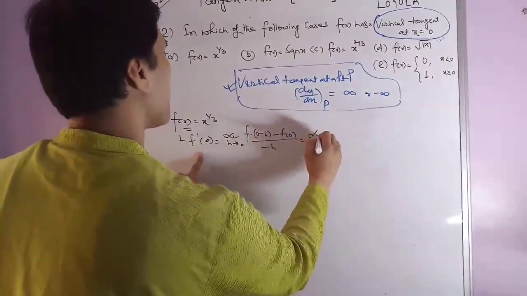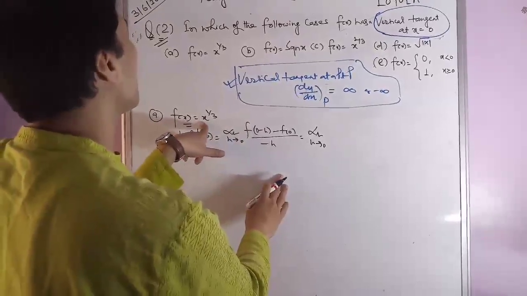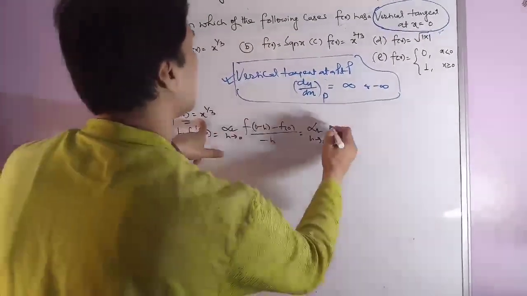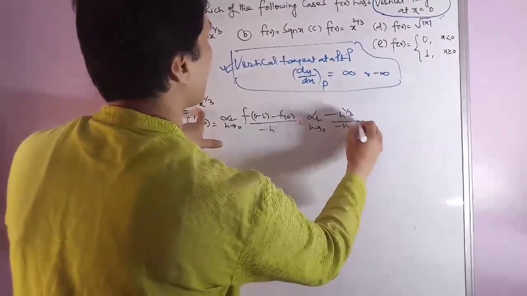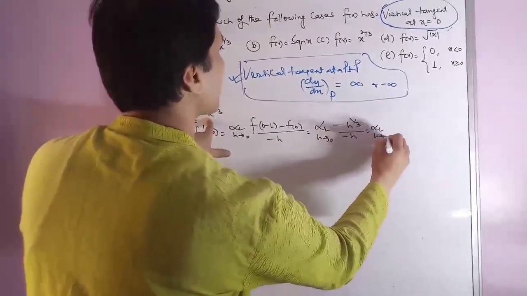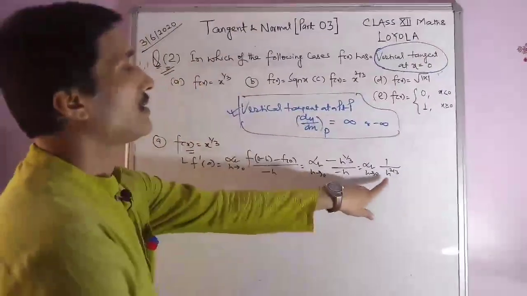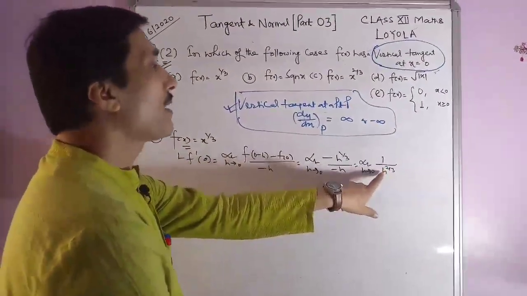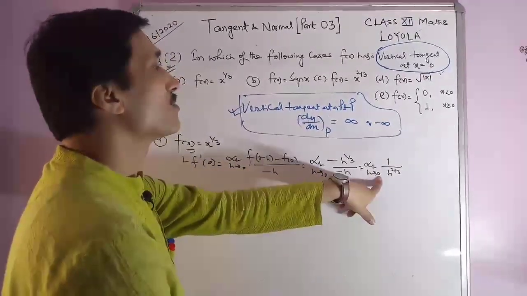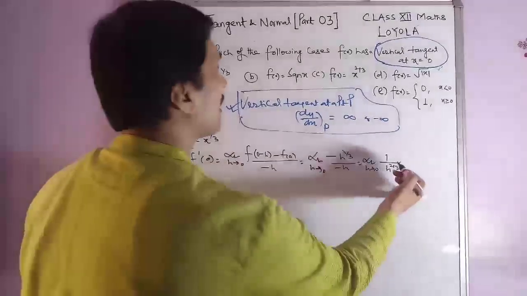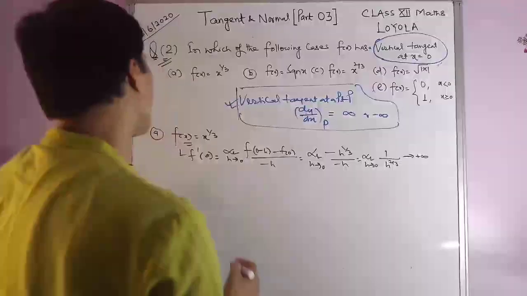So limit h tends to 0 of minus h to the power 1 by 3 minus 0 divided by minus h, which is the limit of 1 upon h to the power 2 by 3. Here it is an even power, so as h tends to 0, clearly 1 by 0, this tends to plus infinity.